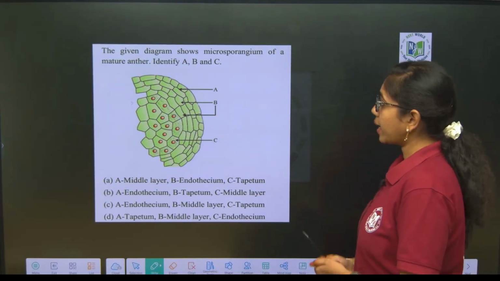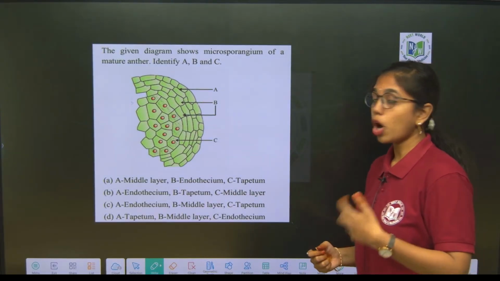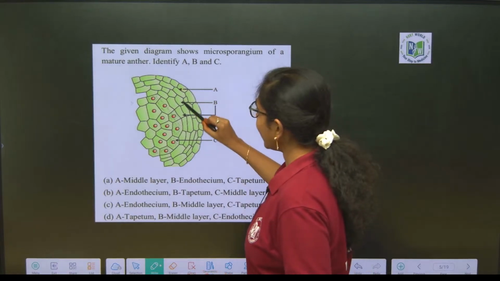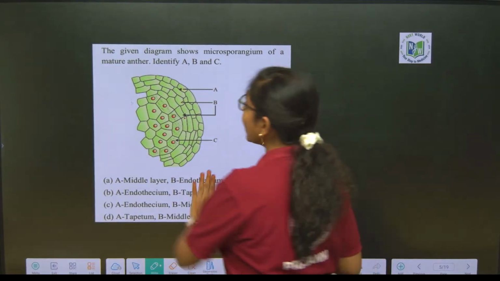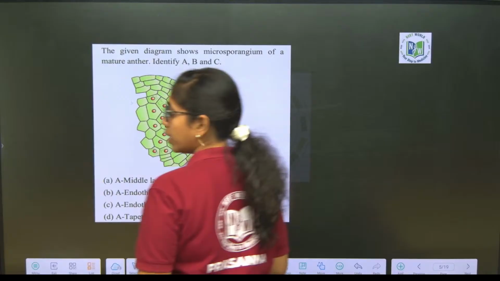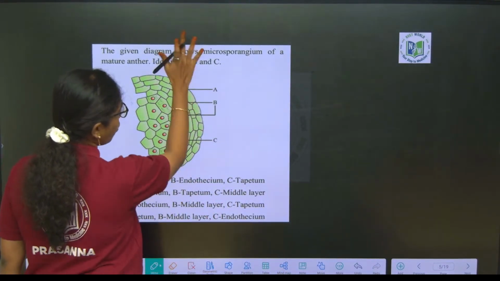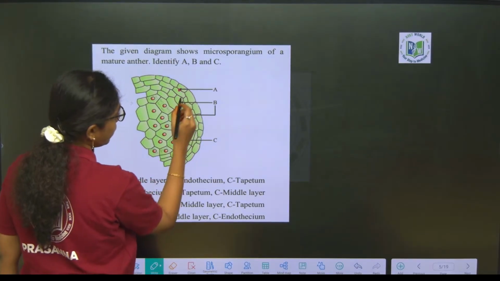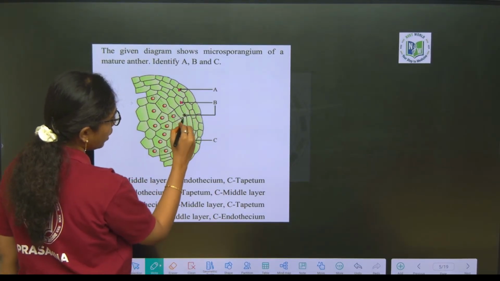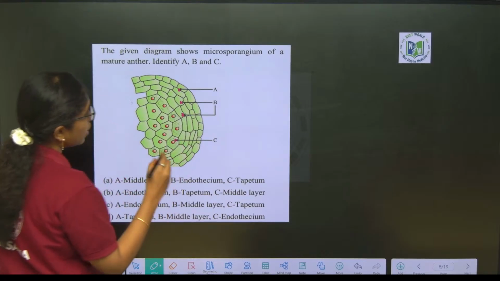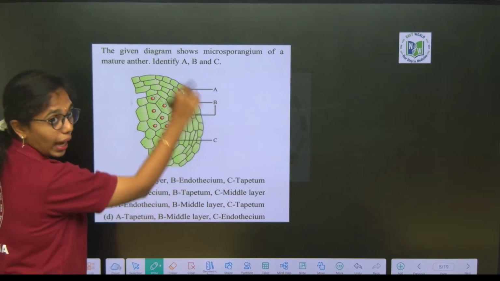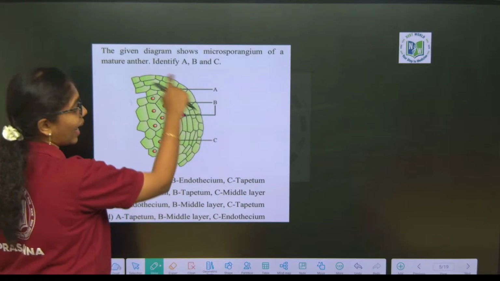The given diagram shows the microsporangium of a mature anther, that is A, B, C. Look at the labelings properly. First A, which is pointed over here, then B, which is pointed over here, and C is over here. The outer wall layer will be epidermis, but there is no pointer at the epidermis.